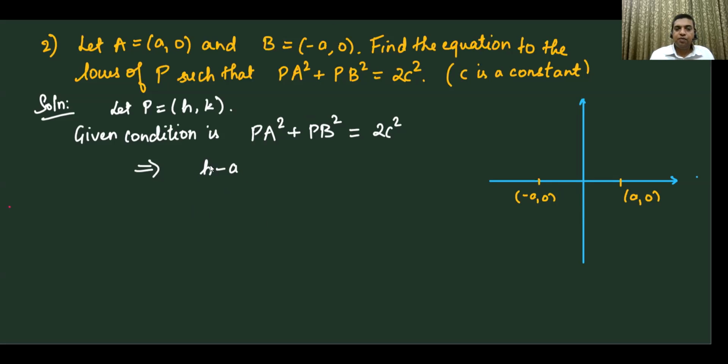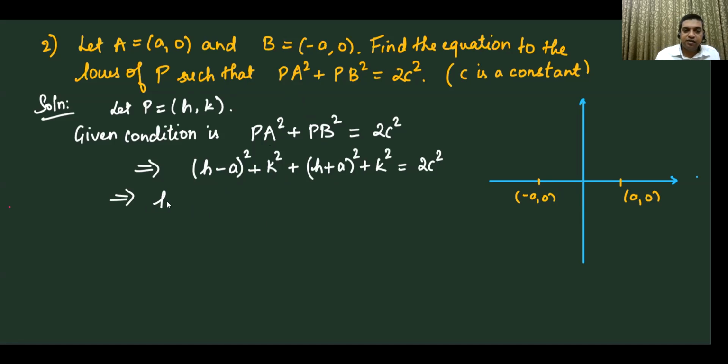So now, PA square is (h minus a) the whole square plus (k minus 0) the whole square, plus PB square. P is h comma k, B is minus a comma 0. h minus of minus a, that is (h plus a) the whole square plus k square is equal to 2c square.